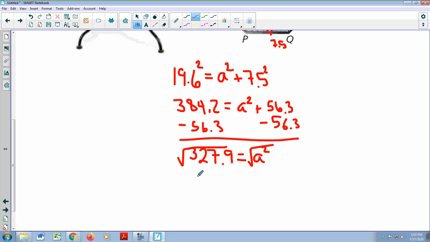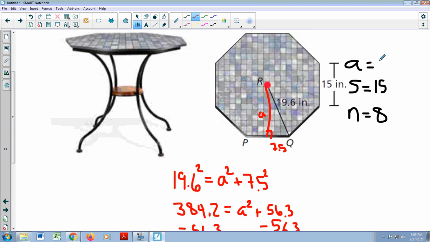Take the square root. I get 18.1. So I know my apothem is 18.1. So now I can go through and find my area.